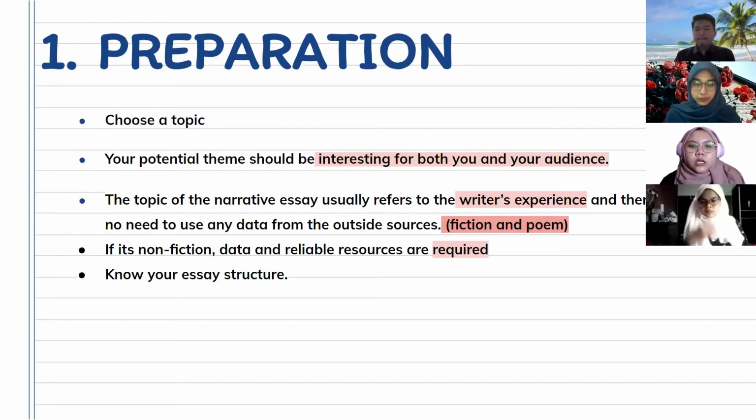You use your creativity to create your own story. But if it's non-fiction, you have to have reliable data and reliable sources. It is required. So if given a choice, it is preferable to choose fictional or poem.